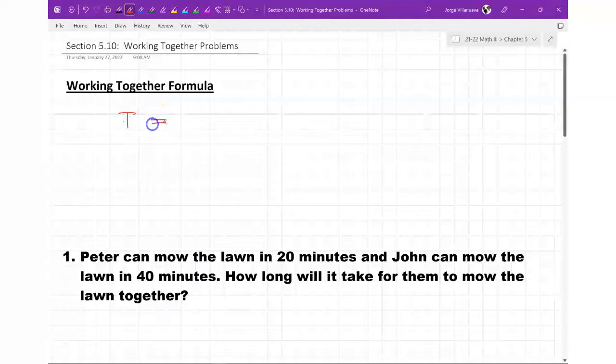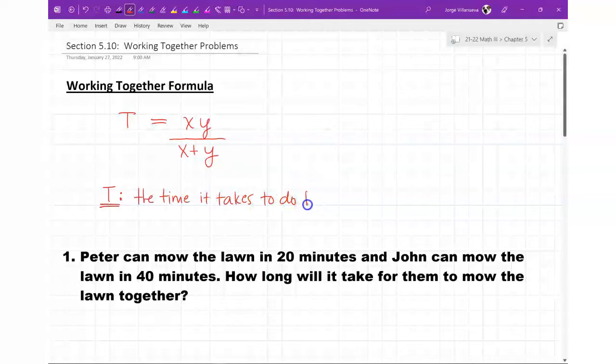T equals xy over x plus y. Okay? T stands for the time it takes to do the work together.